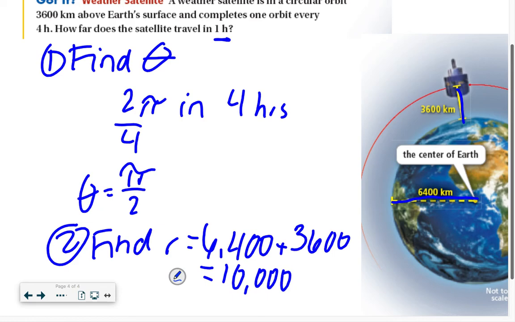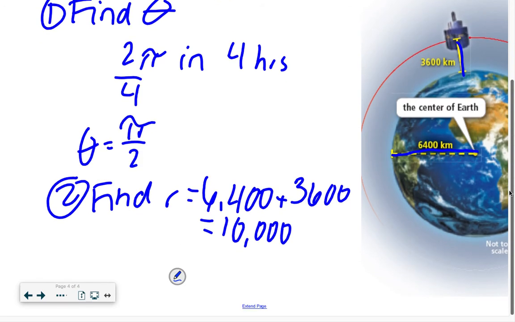What do I do with my radius and my theta, my pi over 2? I have to take 10,000 times pi over 2 in my calculator.